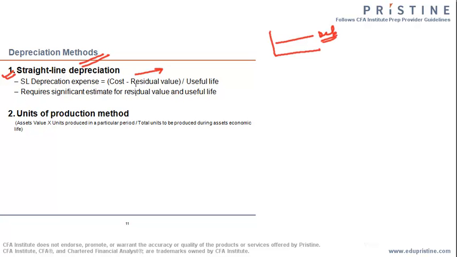The depreciation expense is equal to the cost of the machine minus the residual value, divided by the useful life. Let us assume that plant and machinery is bought at 50 USD, just for example's sake, and the life of the plant and machinery, let us assume, is 4 years. The residual value of the machine after 4 years would be, let's say, 10 USD.